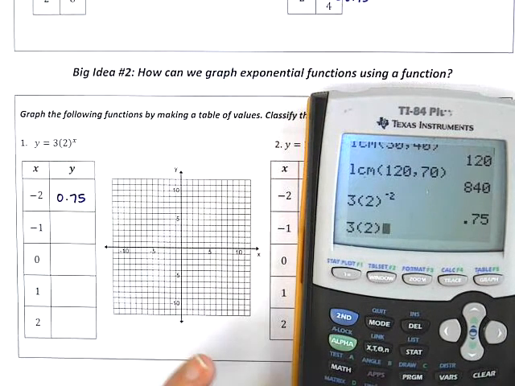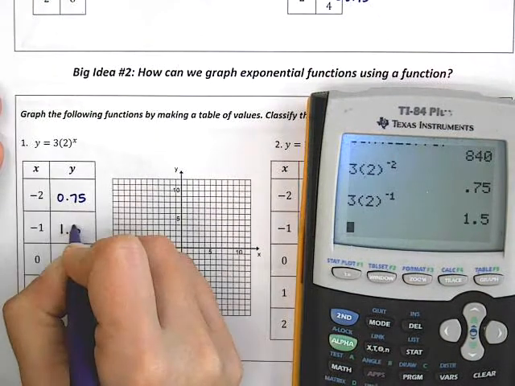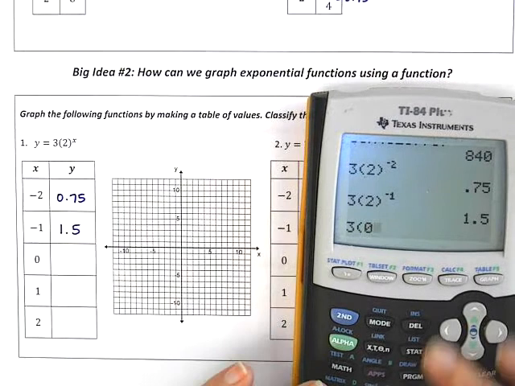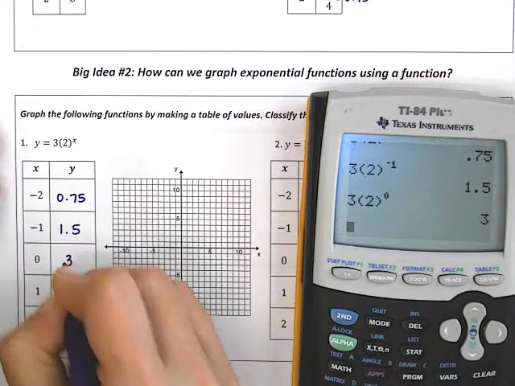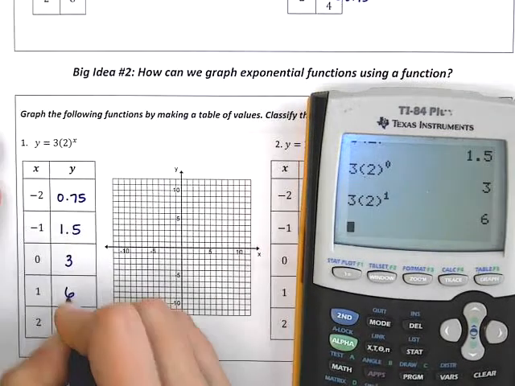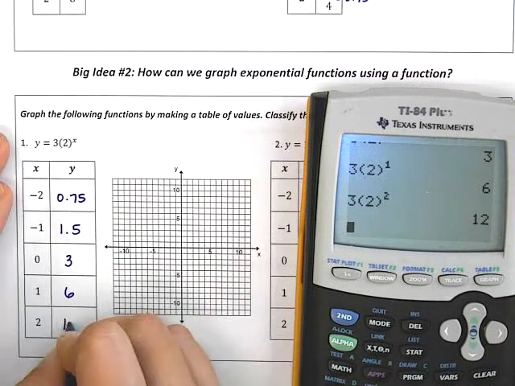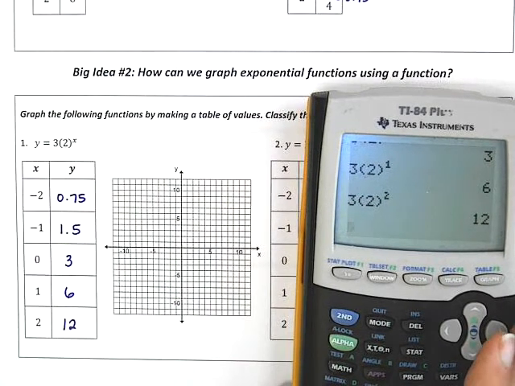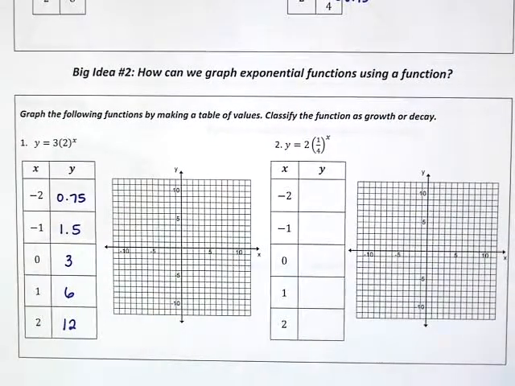If I type in 3 parentheses 2 to the -1 power, I get 1.5. 3 parentheses 2 to the 0 power, and I get 3. 3 parentheses 2 to the 1 power, and I get 6. And 3 parentheses 2 to the 2nd power, and I get 12. You're literally just going to type this into your calculator, taking these values and plugging them in, and you're going to get your y values.